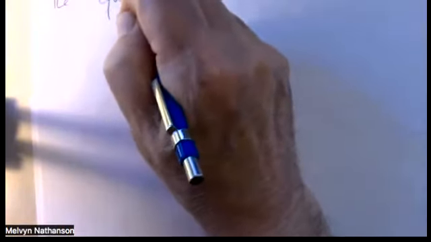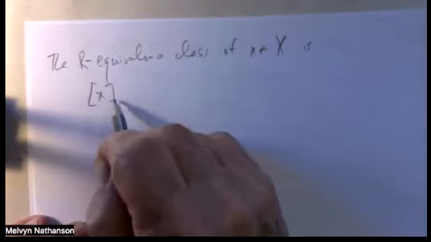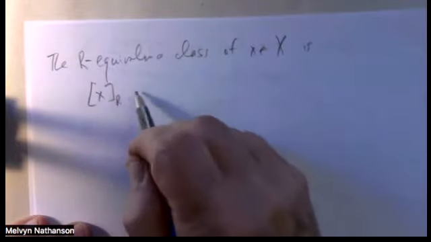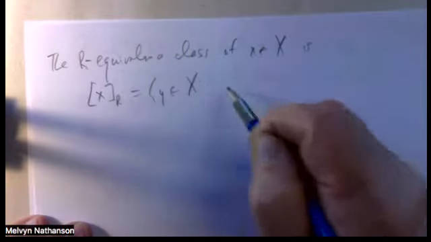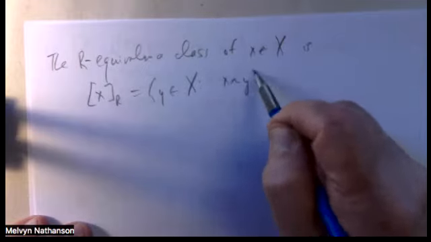And whenever you have an equivalence relation, we have what are called the equivalence classes. If you want to make sure that there's no uncertainty what the relation is, you can call it the R equivalence class. The R equivalence class of an element x in the set is, so this is the notation the book is using, square brackets around x with subscript R. It's all elements in the set X which are related to x.